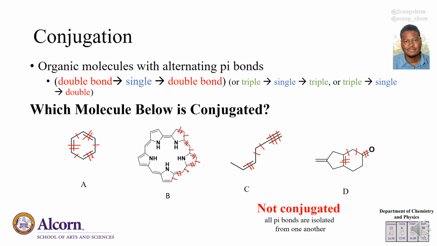That's the term that we like to use when they're not conjugated, that they are isolated. So the pi bonds of molecule C and molecule D are not conjugated. Instead, they're isolated. So what's the answer to which molecule below is conjugated? A and B are conjugated organic molecules.